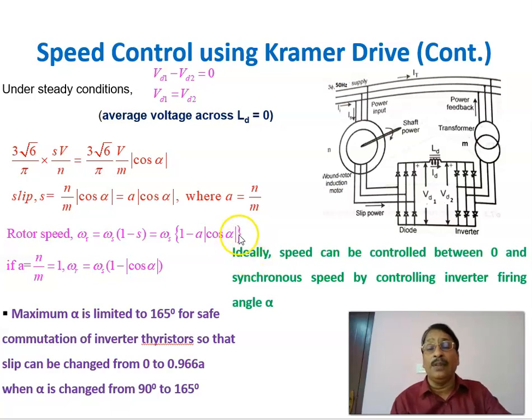For example, if you make alpha equal to pi by 2, you will be getting S equal to 0, or omega equal to omega s. That never happens in practice. I'm telling the ideal case, that corresponds to synchronous speed.